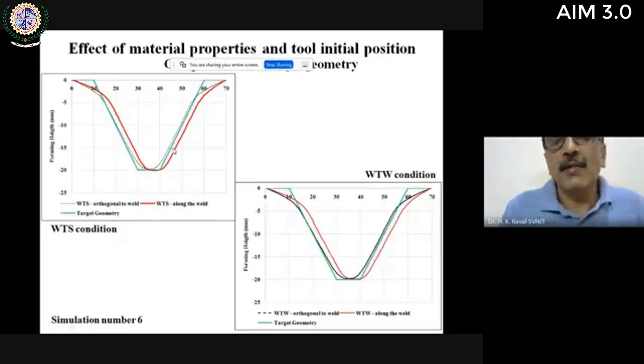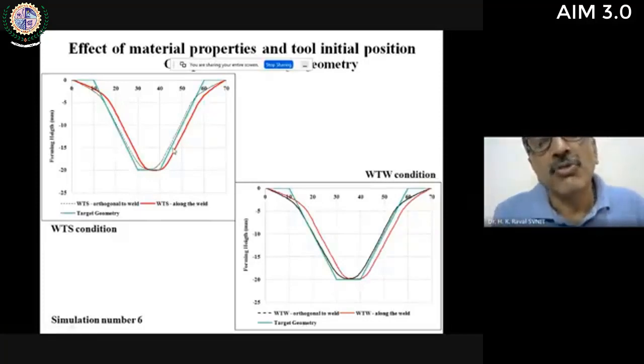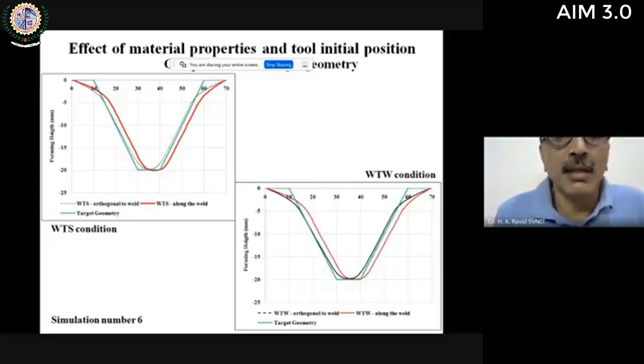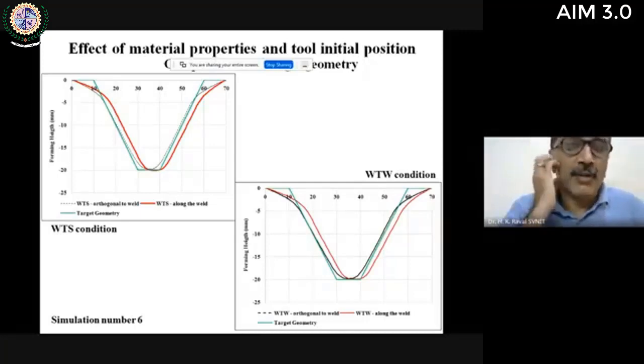The takeaway here is that for the shape of the cup which is formed, if you keep the tool orthogonal to the measuring plane, then the deviations will not be there. But if the geometry is measured on the same plane as the tool's initial starting position, the deviation is much higher.